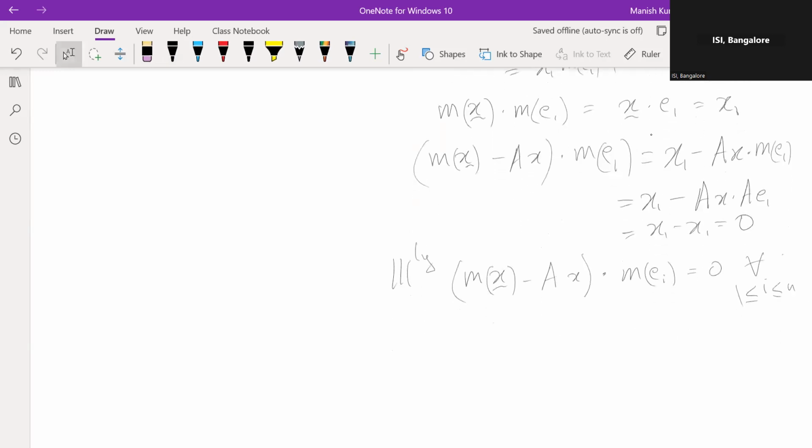So if I want to write these n equations in matrix notation, Mx minus Ax is some vector, and you multiply by A, or A transpose.